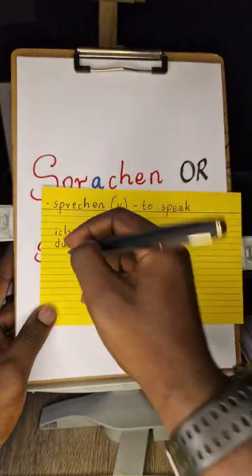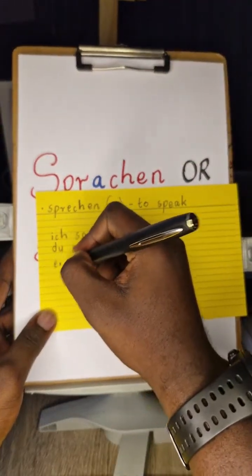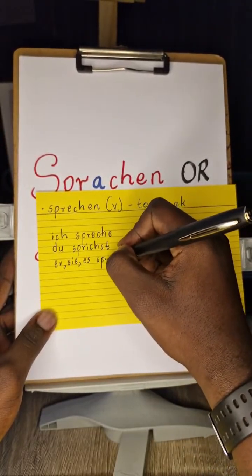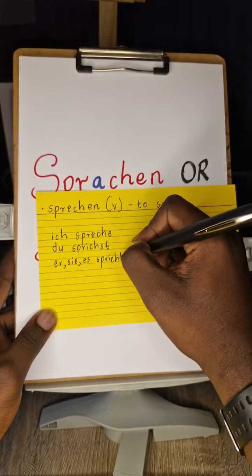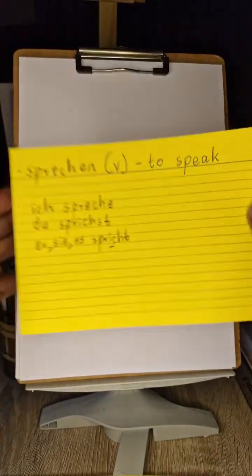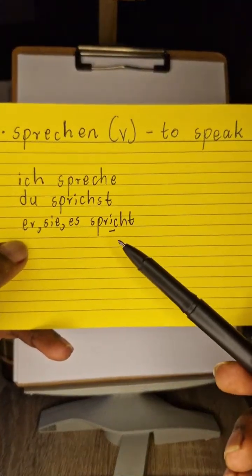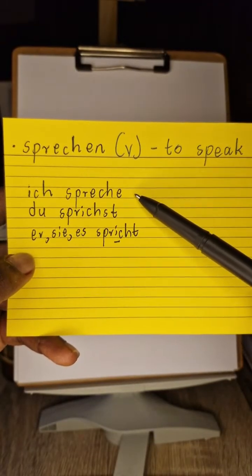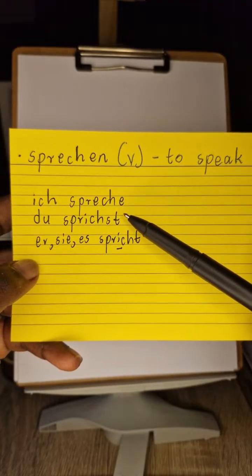How about under er, sie, es? Now in er, sie, es, you would now say spricht. Look at this. Er, sie, es spricht. Do you see the complete change? Ich spreche, du sprichst.